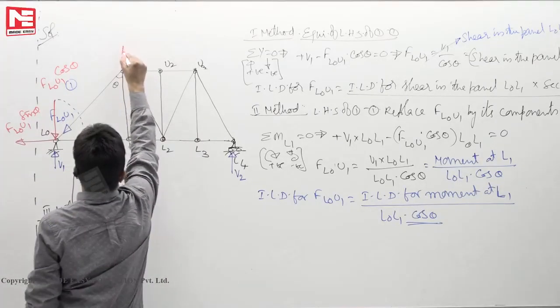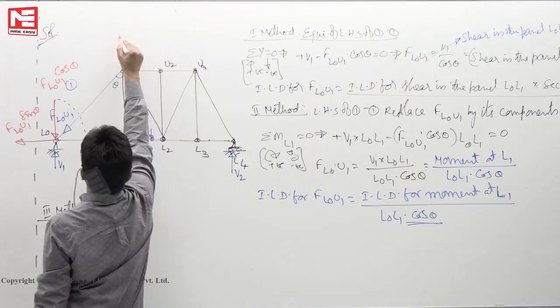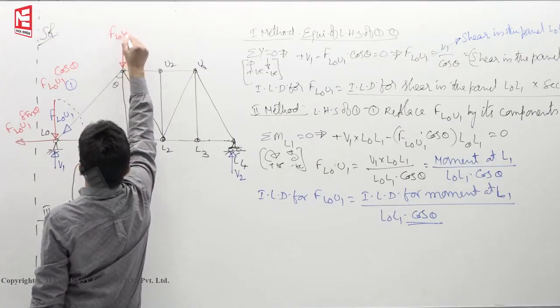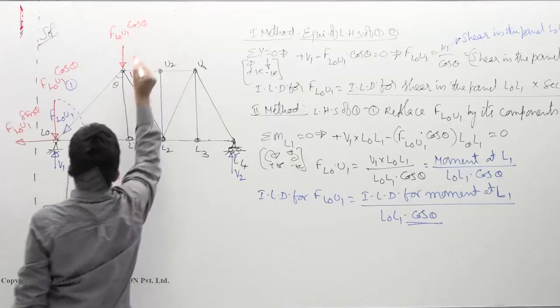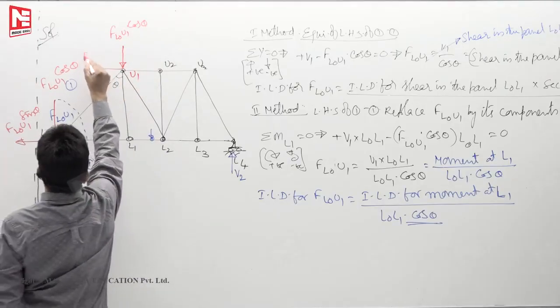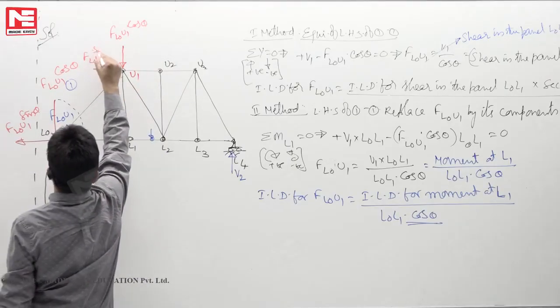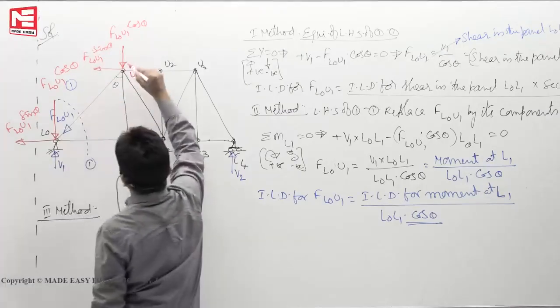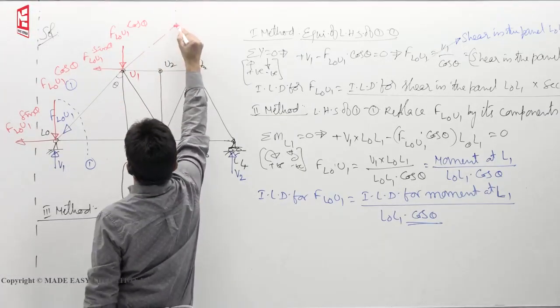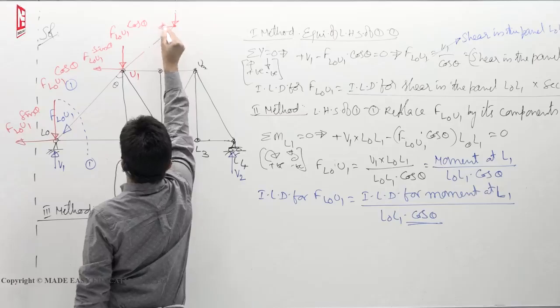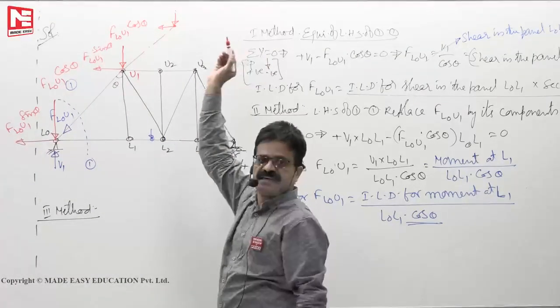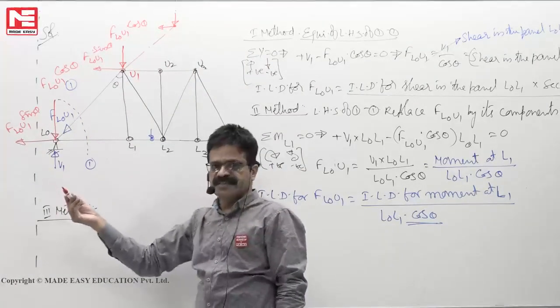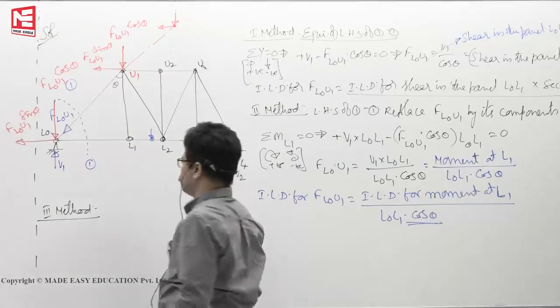So if I replace it at this point, F L0 U1 cos theta, this is F L0 U1 sin theta. If you don't want here, you can replace here also. Wherever you replace it along its line of action by its components or the force itself, external effect is same.